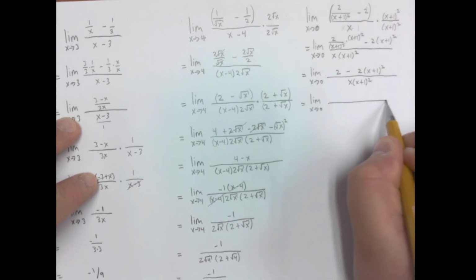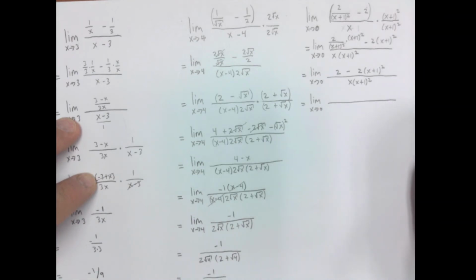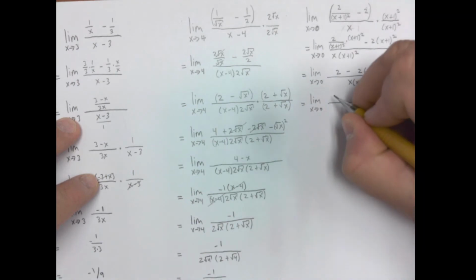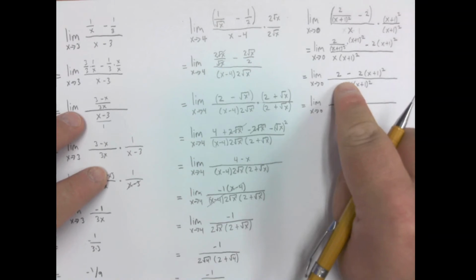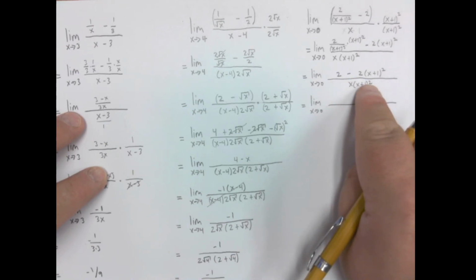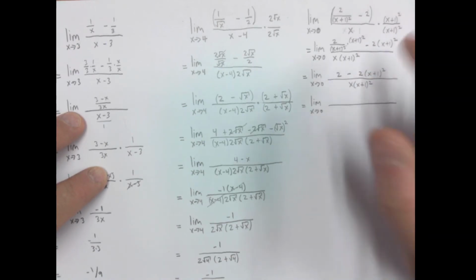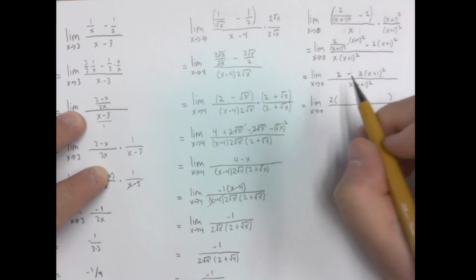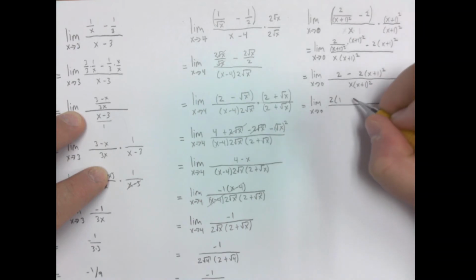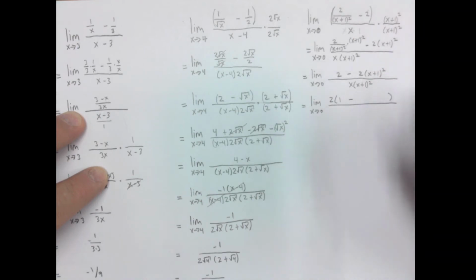Now if you want to, this might make it go a little faster. I don't know. If you factor a 2 out of the numerator, that might make our arithmetic and algebra a little easier. Notice this has a 2 and that has a 2. So if we factor a 2 out, what are we left with? Well, there'll be a 1 right there, minus just that expression, x plus 1 squared. I'm not sure that's going to save us that much time, but it'll save us maybe a little bit of time.